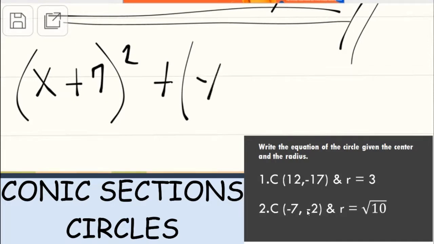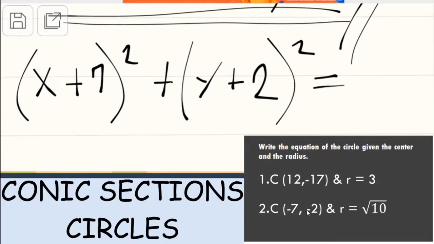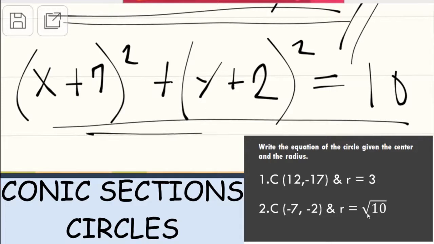So, y plus 2 squared equals, so we have, our radius is square root of 10. So, square root of 10 times square root of 10 is 10. That's our final answer.